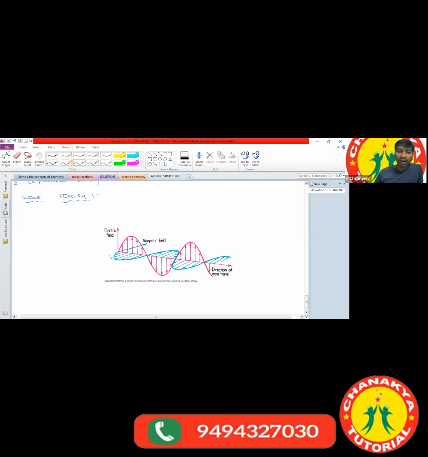In the absence of the electrical and magnetic fields, light travels in a straight line.